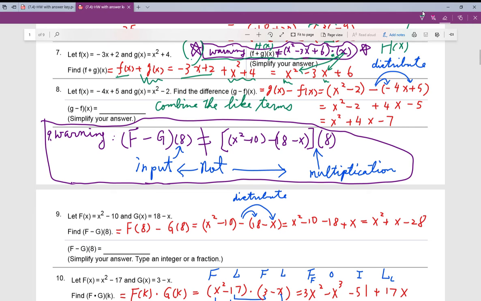So number 9, here, subtraction. Again, subtraction when you want to input 8. This is not multiplication, it's just input.